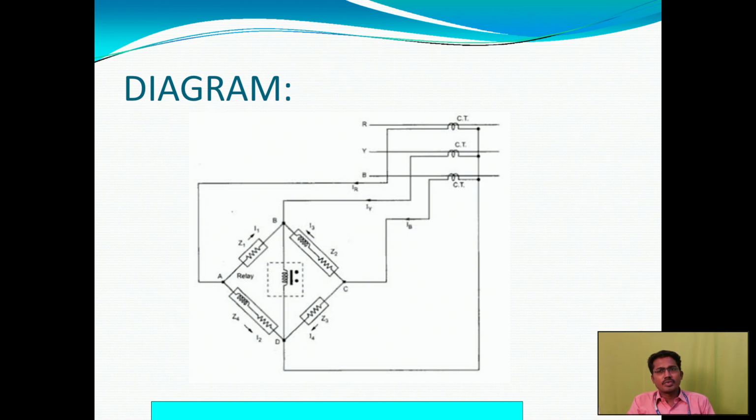When any one of the phases turns to negative sequence current flow, the bridge circuit starts to become unbalanced, and it makes the relay operate. The relay gets energized and disconnects the generator and motor from the line.